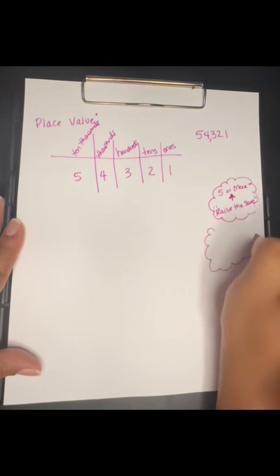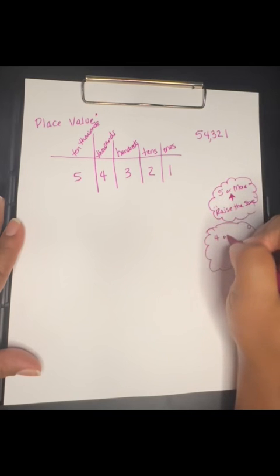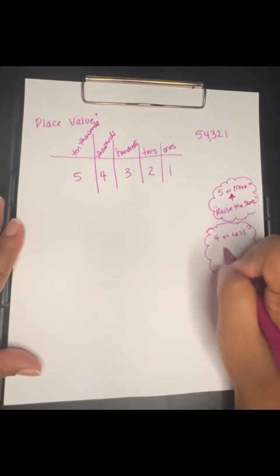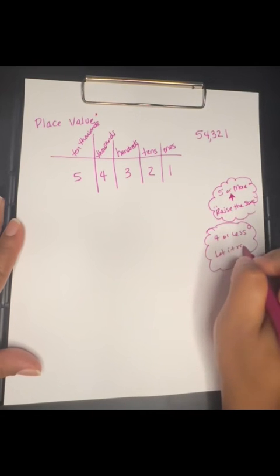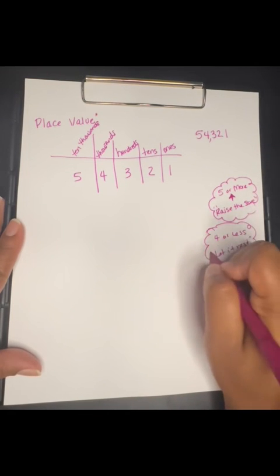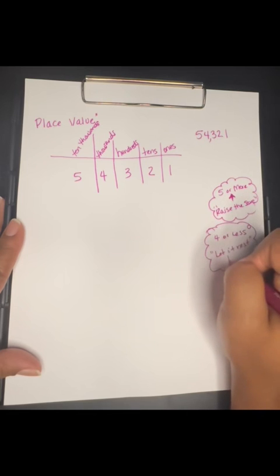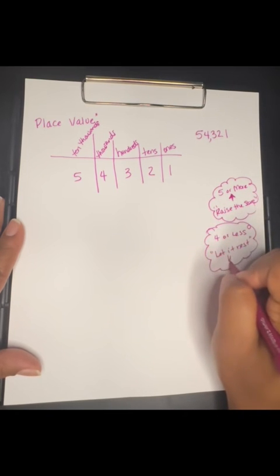If it is 4 or less, let it rest. So that means it'll either stay the same or it'll go down. Ew, my arrow's a little crazy. Okay.